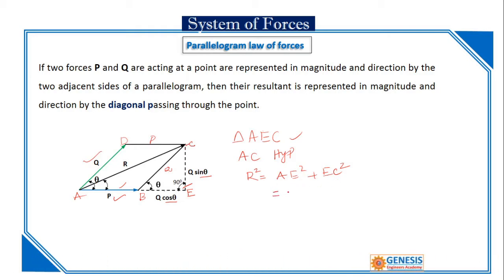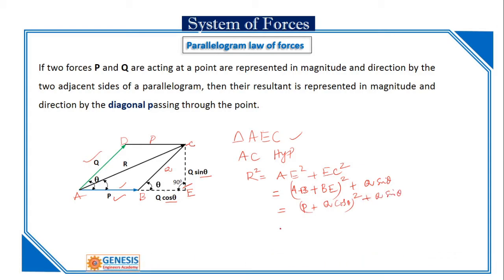Then AE consists of two parts, that is AB plus BE, whole square, and then EC is equal to Q sin theta. AB is equal to P and BE is equal to Q cos theta, and this becomes whole square. This is whole square.